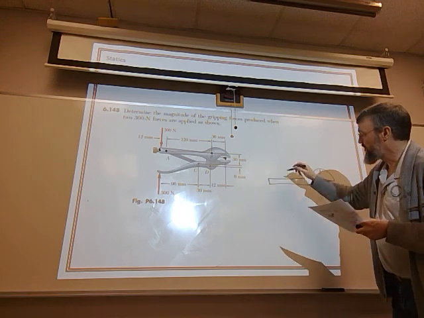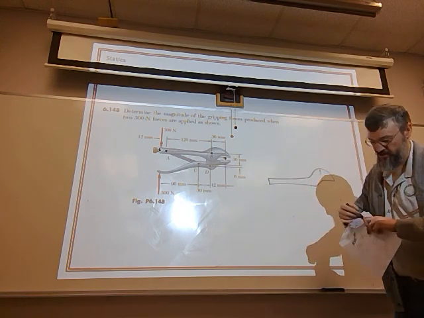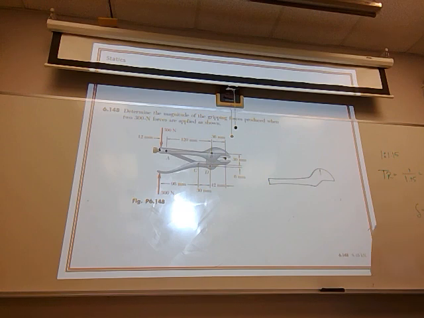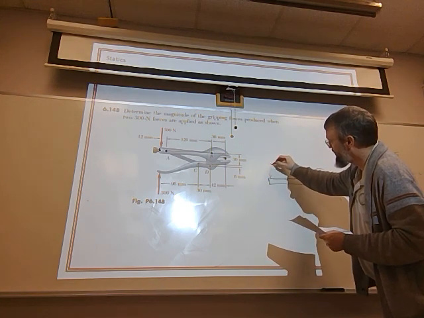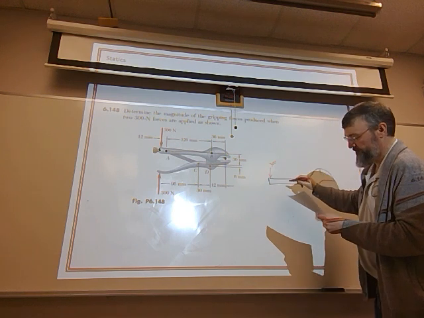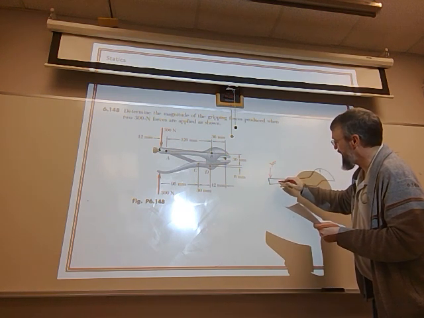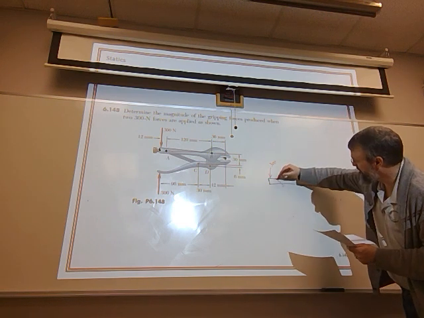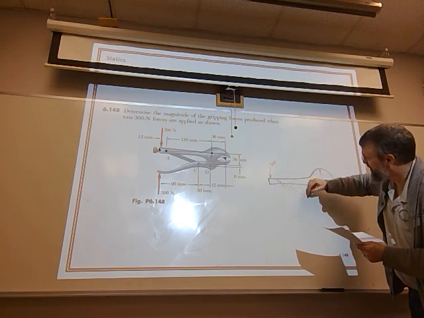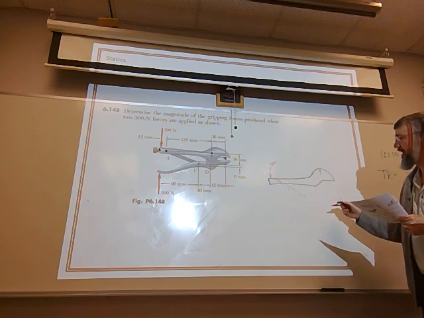You're going to have a load that gets placed right here of 300. You're going to have a force that gets aligned, and maybe I'll try to do it correctly, a force that's going to be in that line right there.